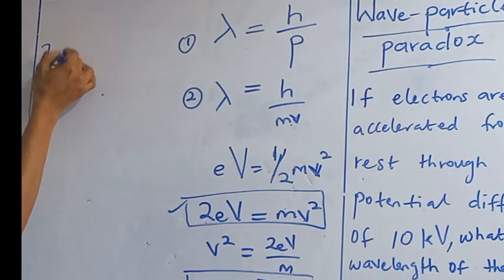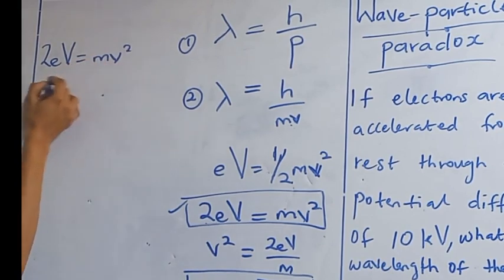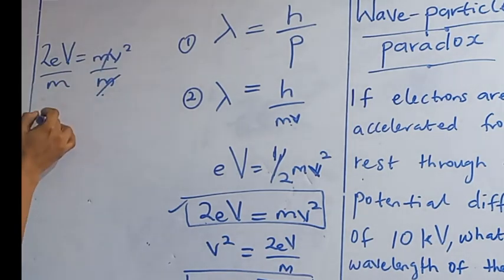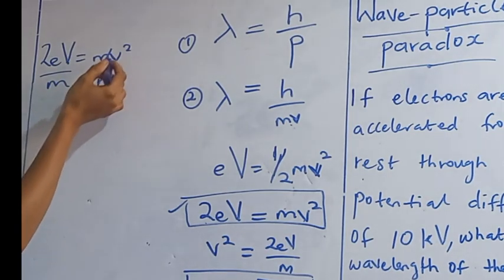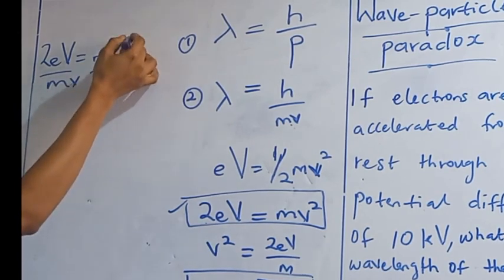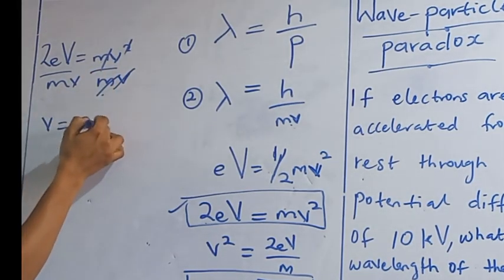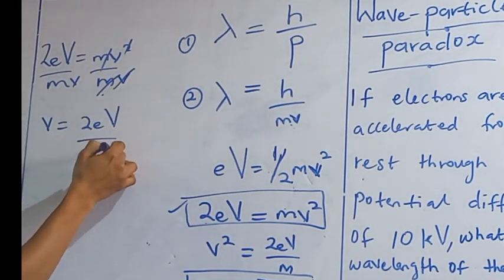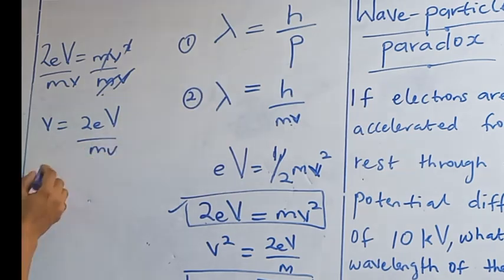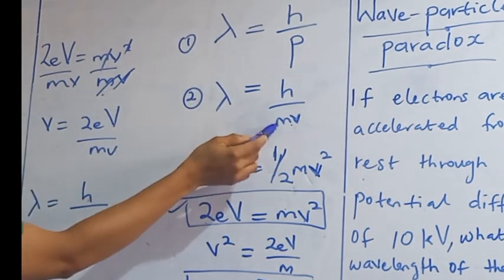If we have 2 electron volts is equal to mv squared, we can divide here by m. Remember, we can divide also by v, so that we'll have that 1 over v is equal to 2 electron volts over mv. If we decide to put it here to represent 1 over v, we can have it that lambda is equal to h over mv.